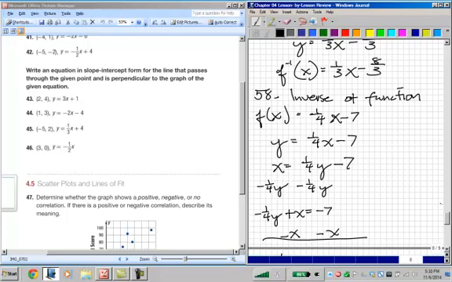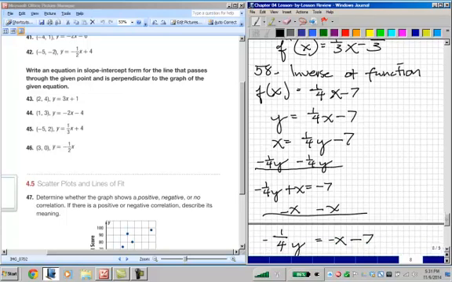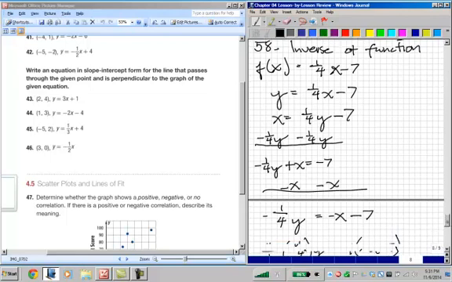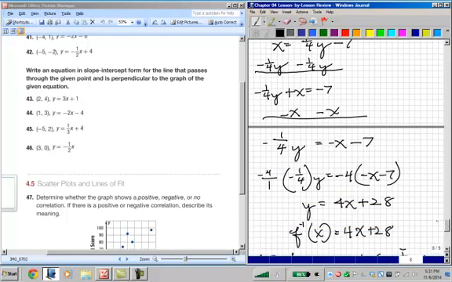58, inverse of a function, f of x equals 1/4 x minus 7. First step, substitute y for f of x. y equals 1/4 x minus 7. Second step, swap x and y. x equals 1/4 y minus 7. Third step, solve for y. Subtract 1/4 y from both sides. I get negative 1/4 y plus x equals negative 7. Subtract x from both sides. Negative 1/4 y equals negative x minus 7.